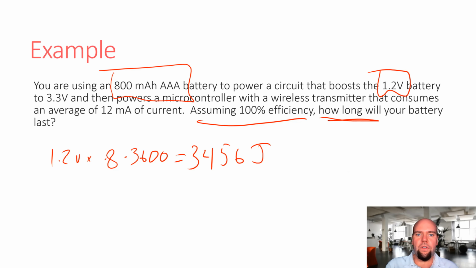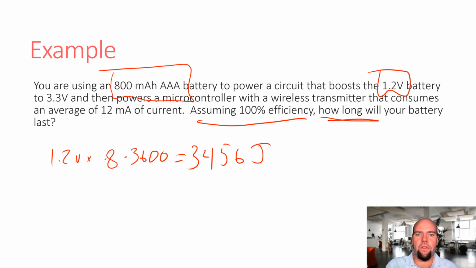So the power for that circuit is going to be 3.3 times 0.012, and that's going to be 39.6 milliwatts, or 0.0396 watts.